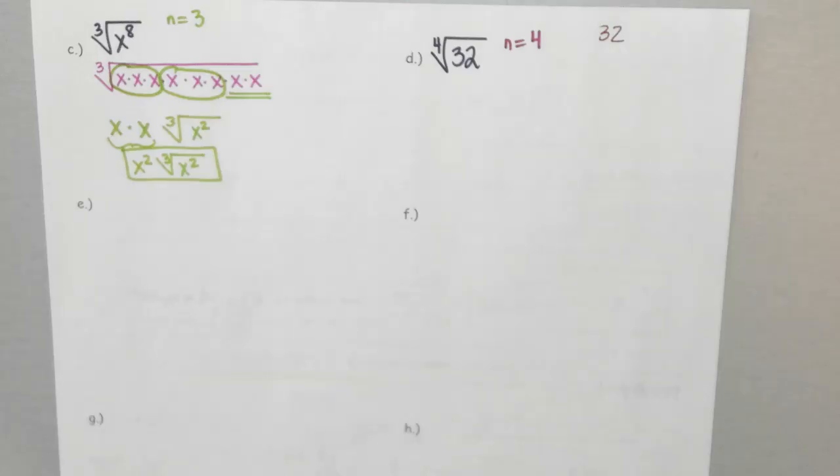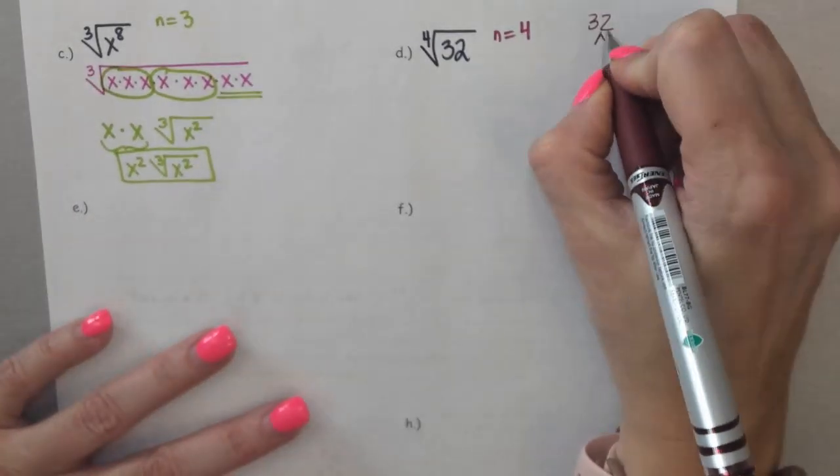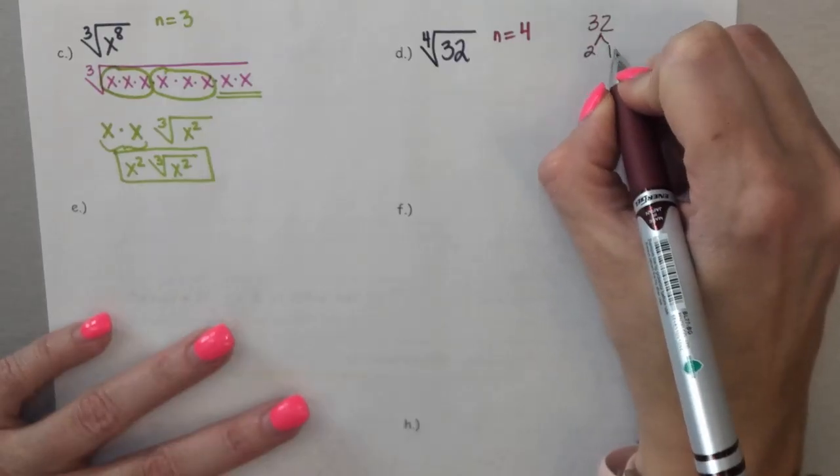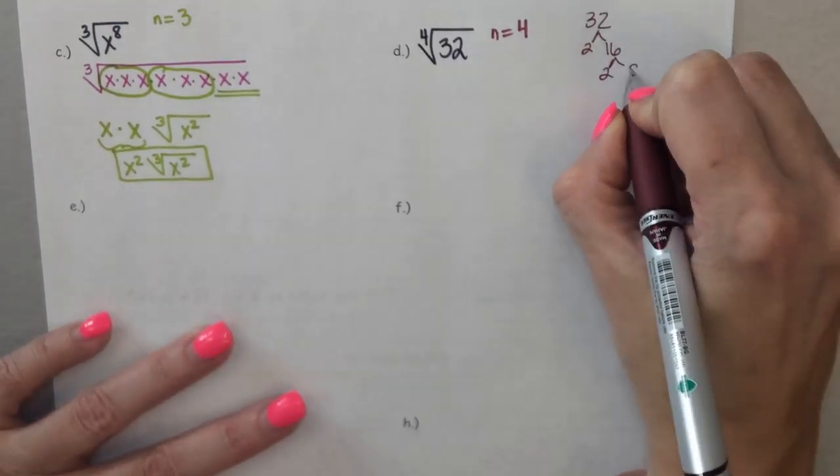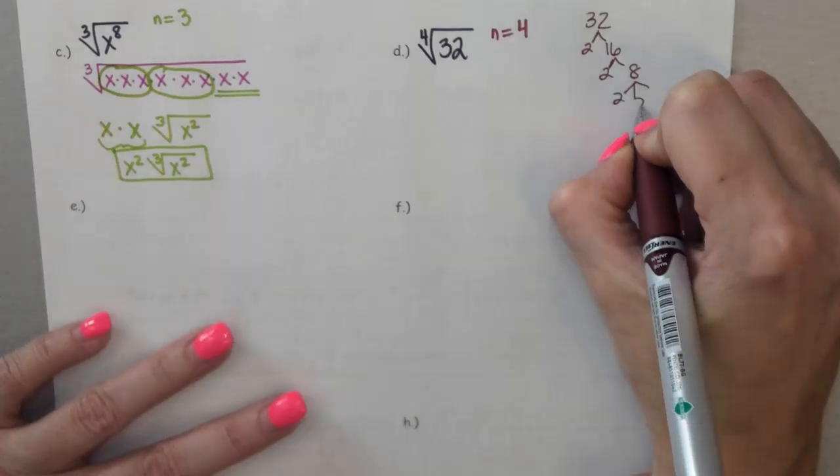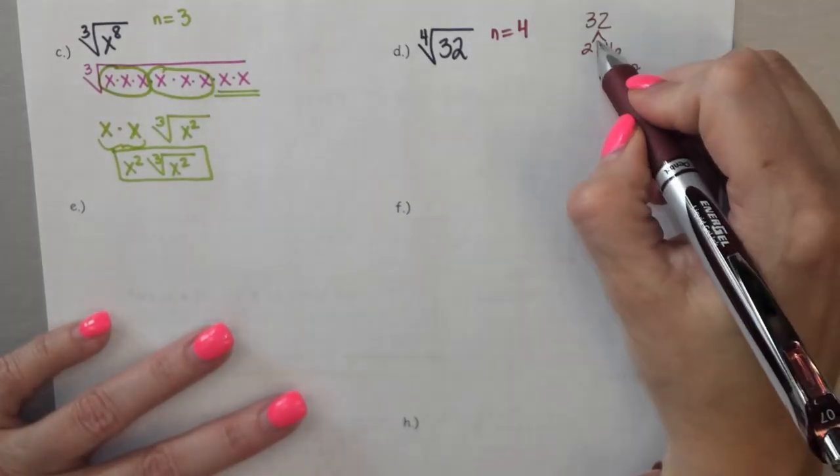All right, once you've done your factor tree, anytime there is a group of 4, that's going to come out. If there's any factors left over, that's going to stay inside. So when you get up into some of the bigger numbers, sometimes it is easier to just keep them here, or circle them all together.